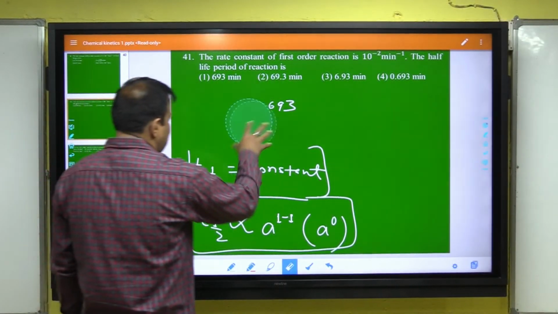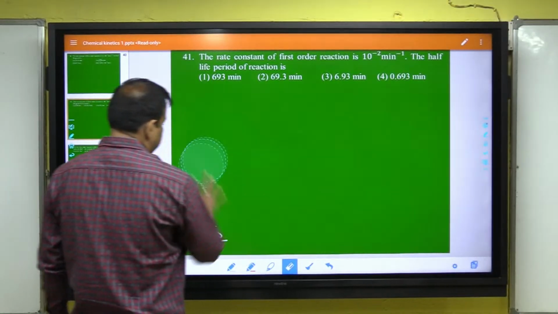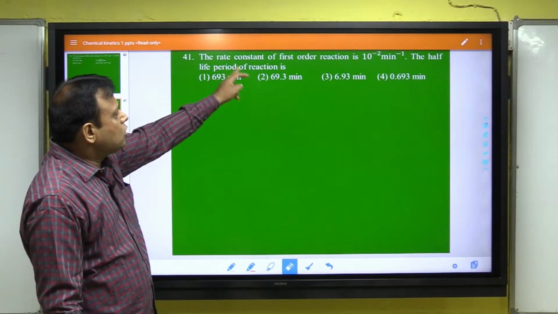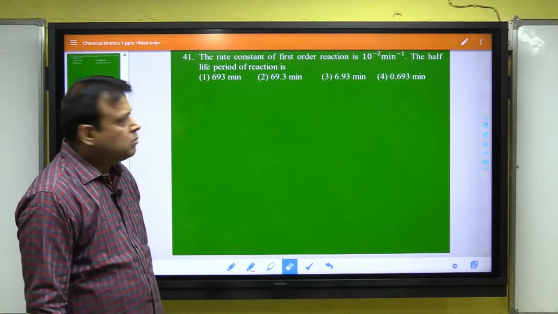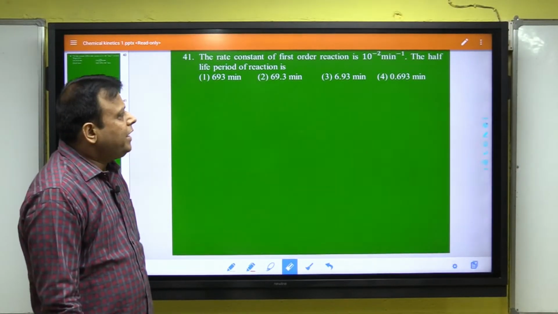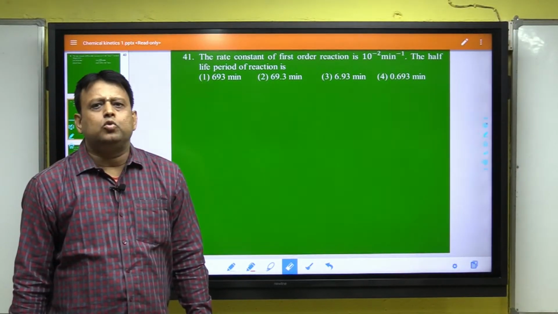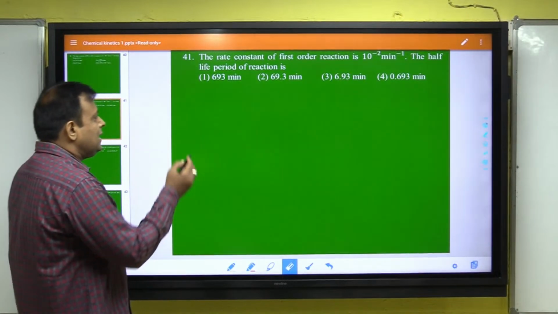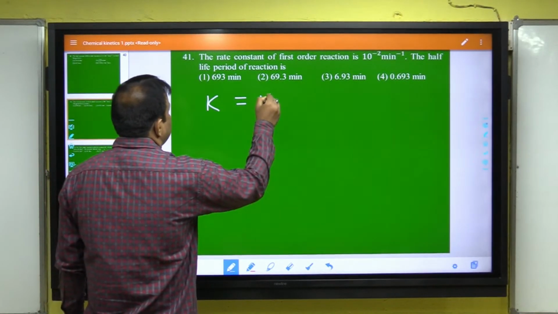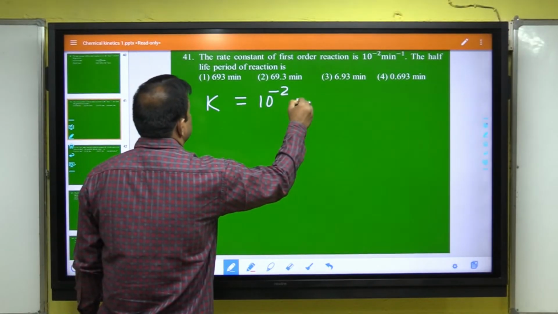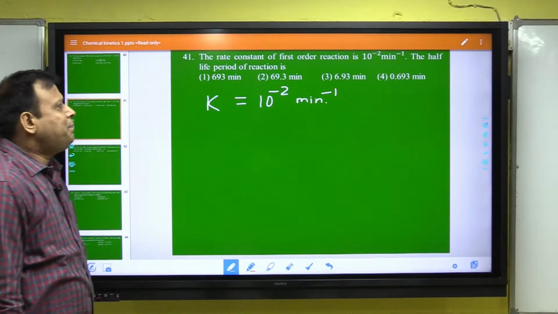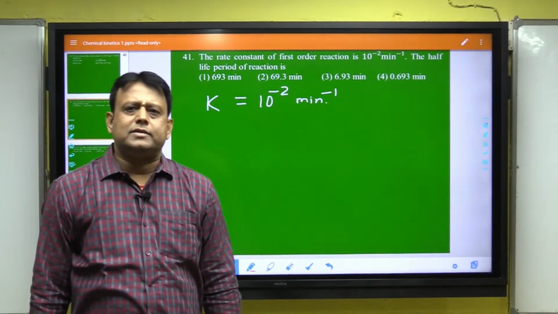Now, question number 41. The rate constant of first order reaction is 10 to the power minus 2 minute inverse. Listen, in your question given K is equal to 10 to the power minus 2 minute inverse. The half-life period of the reaction.